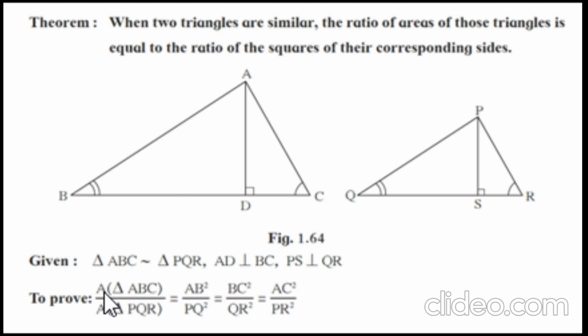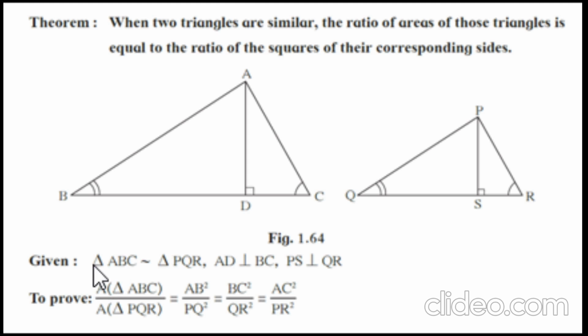So area of triangle ABC upon area of triangle PQR is equal to AB square upon PQ square is equal to BC square upon QR square is equal to AC square upon PR square. So we have to prove that. This theorem is important to solve practice set 1.4 of the similarity chapter.